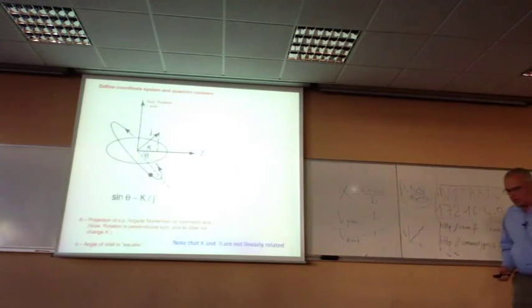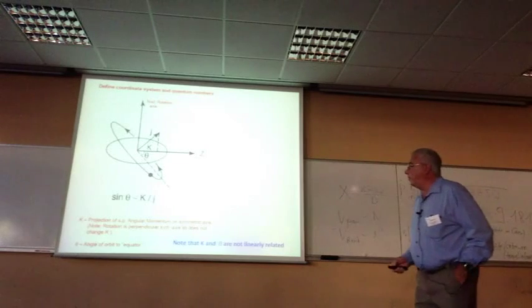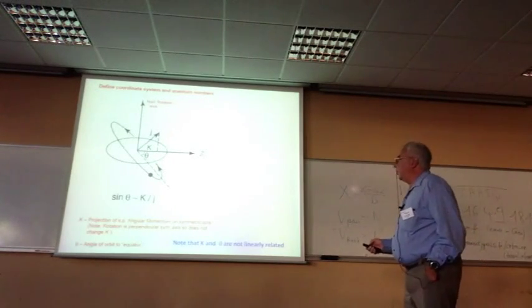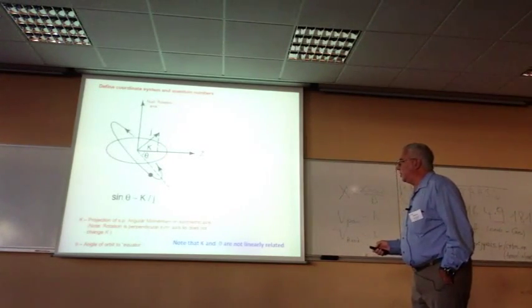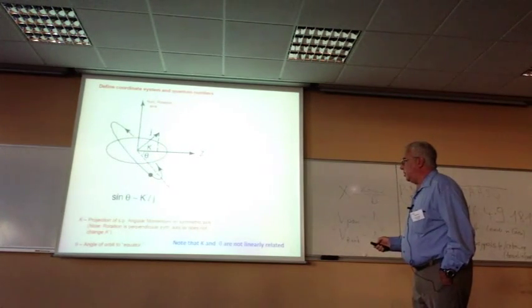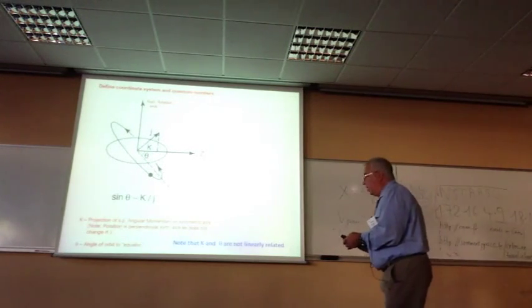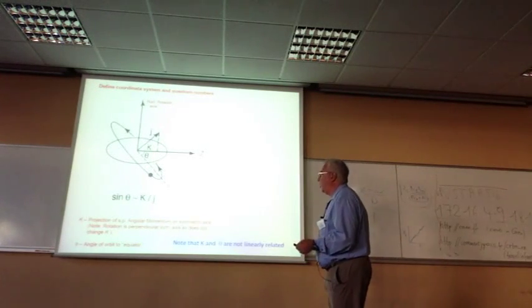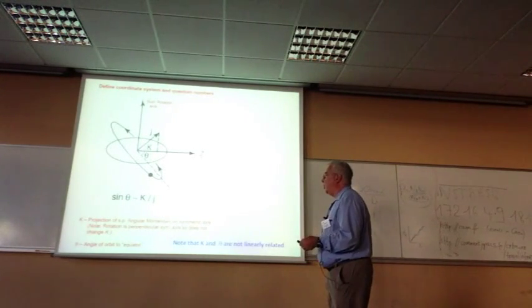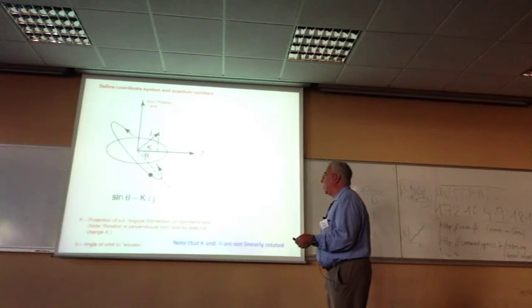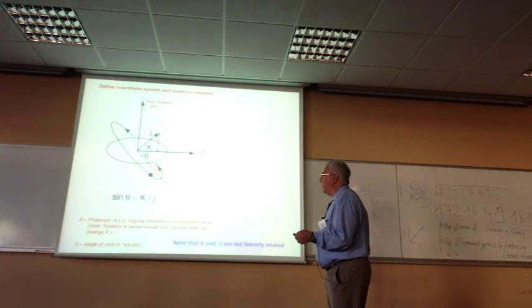Okay. So I want to define a coordinate system. So here again is our nucleus. Here is the z-axis, the axis of symmetry. Everything is symmetric around that. And here is the orbit of a particle. So imagine I have a particle going around the nucleus in this direction. So its angular momentum, little j, points in this direction, perpendicular to the orbit.